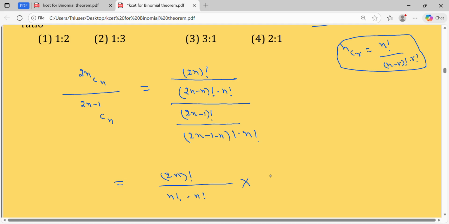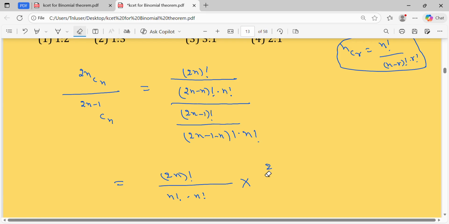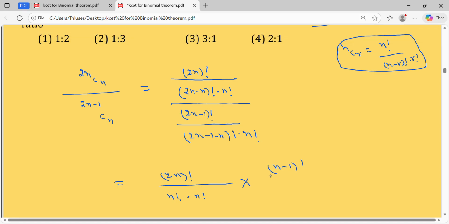Now in the denominator write reciprocal: 2n minus 1 minus n is n minus 1, whole factorial into n factorial by 2n minus 1 factorial.